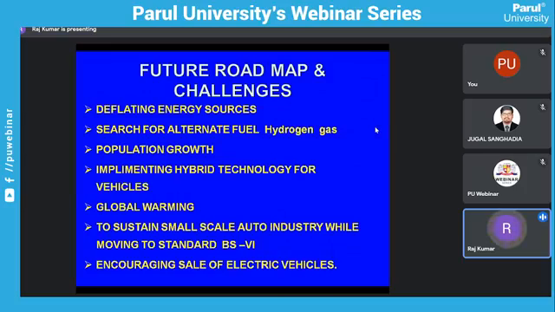You can check how much pollution vehicles are generating. One more thing, the system is being applied for all the vehicles which are manufactured in India.